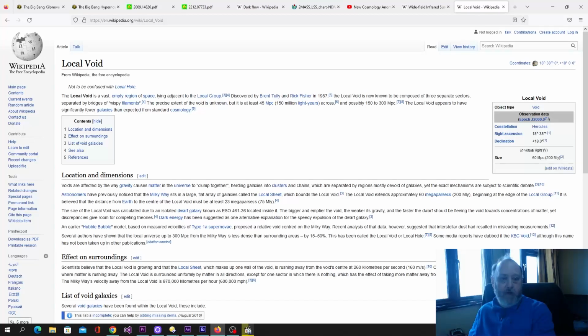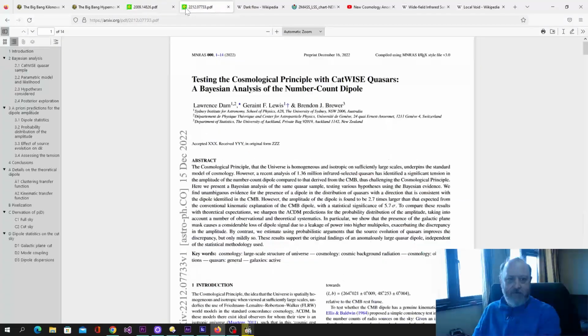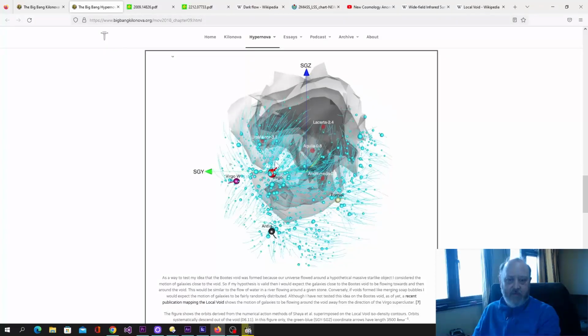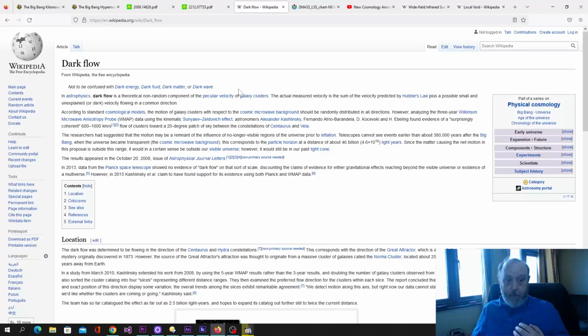So effectively, we have this massive region of nothingness on the other side of the Milky Way galaxy, and all the galaxies are flowing in one particular direction around it. That's what's being observed, and the explanation for it is this thing called dark flow.